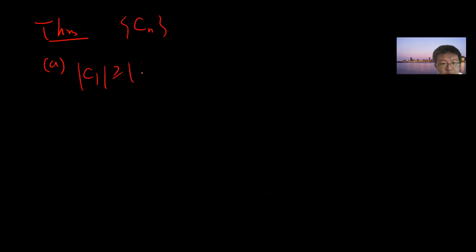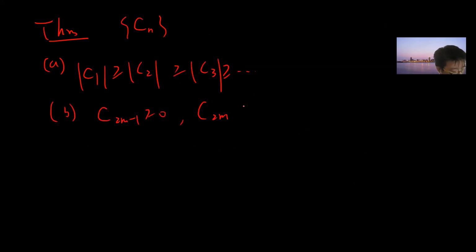Another theorem, about alternating series: suppose you have a sequence Cn satisfying C1 greater than or equal to C2, greater than or equal to C3, and keep going. And the second condition is that C(2n minus 1) is greater than 0 and C(2n) is less than or equal to 0. So this means that one is positive, one is negative.